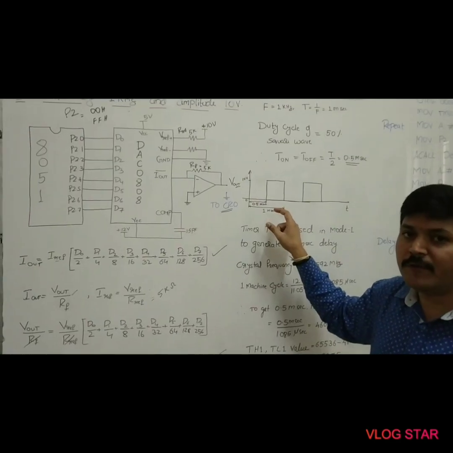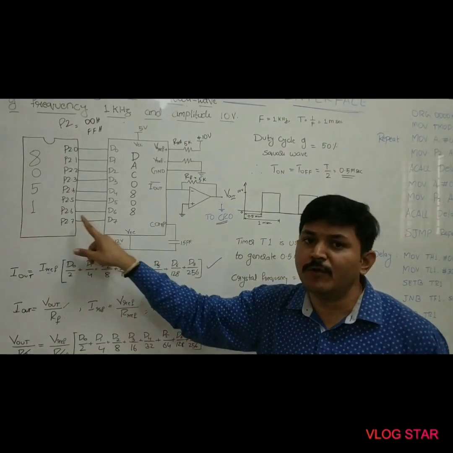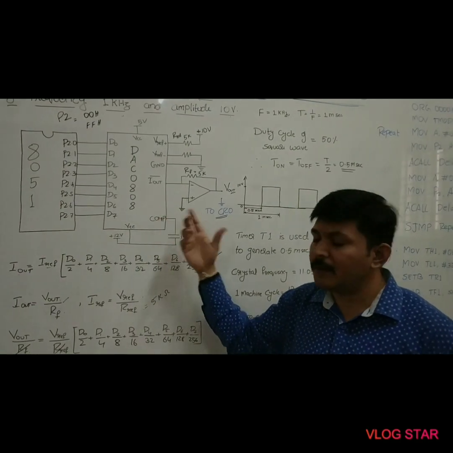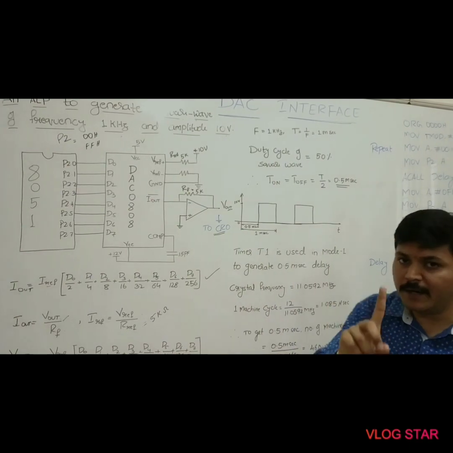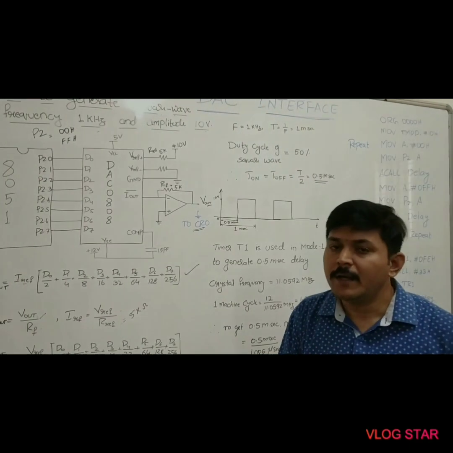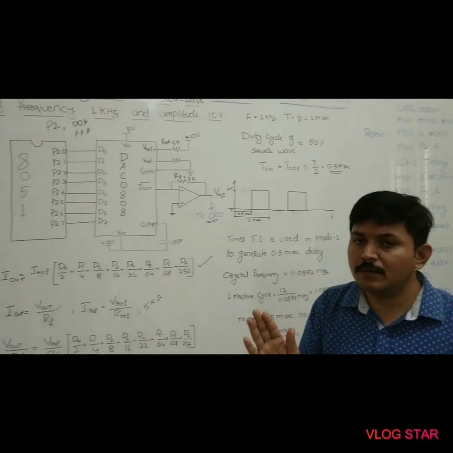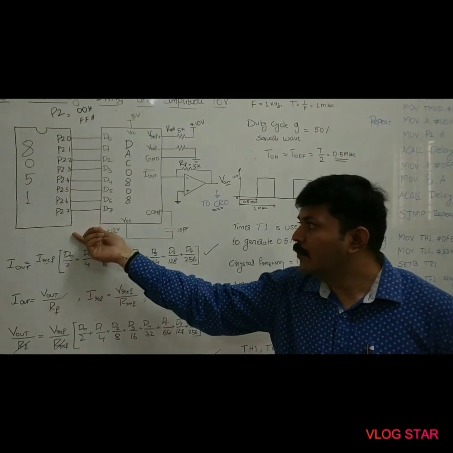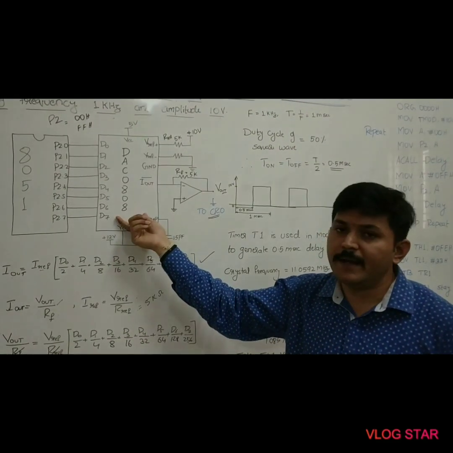The waveform will appear based on what digital data is provided by the 8051 microcontroller. This is the concept behind any waveform we generate using the 8051 microcontroller. Remember, I'll repeat, the 8051 microcontroller will not generate the analog waveform. It actually provides the respective digital data to the digital to analog converter, where that value gets converted into an analog output with the help of the DAC IC.